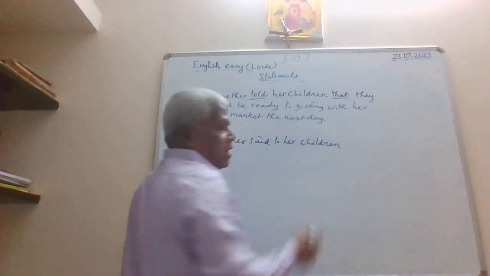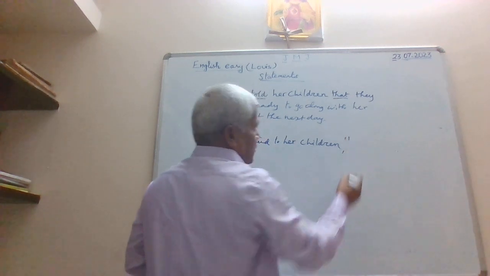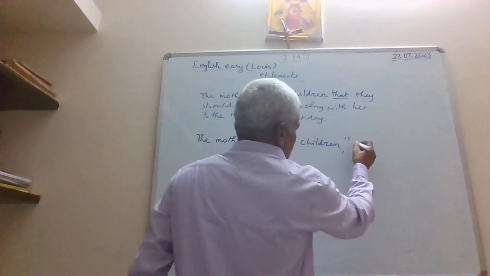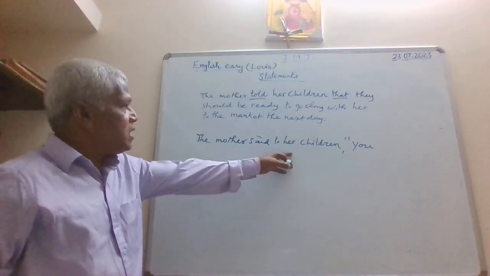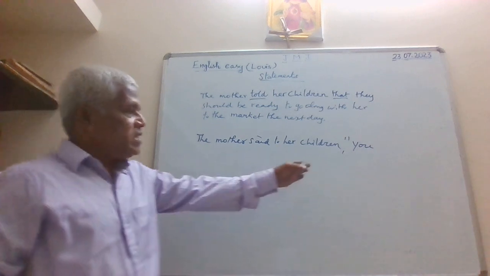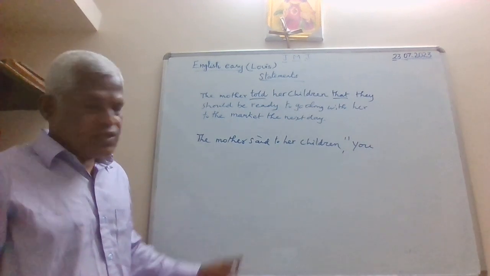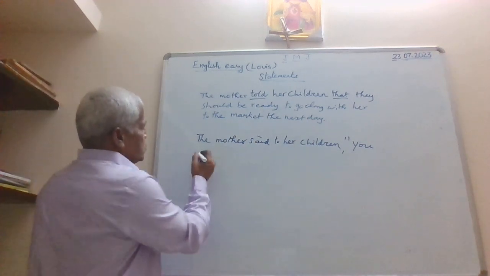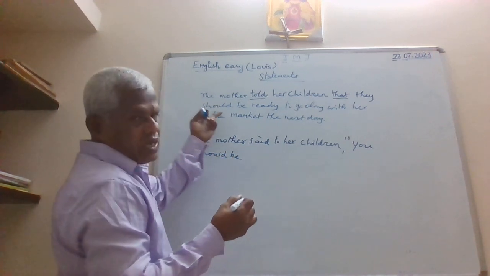Remove the conjunction that. So open commas and inverted commas. Now they refers to the children there, and then you can say you. The mother is informing her children. The mother said to her children, you should be. There you cannot change much here.